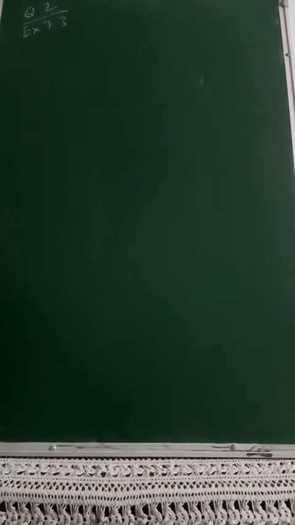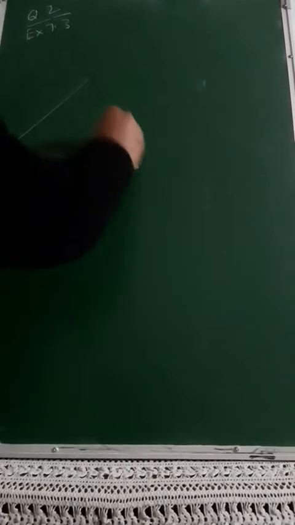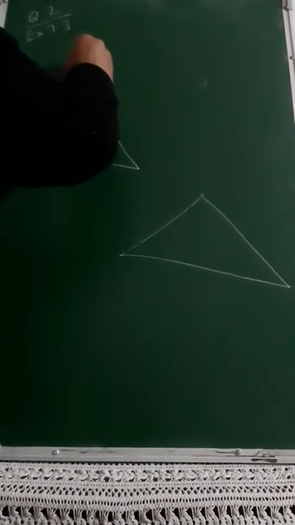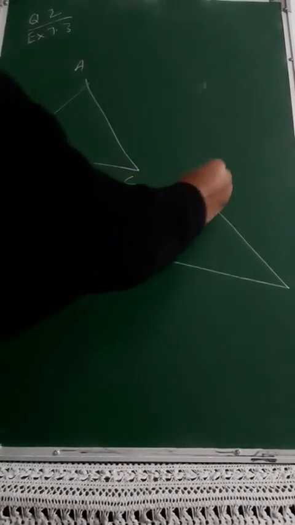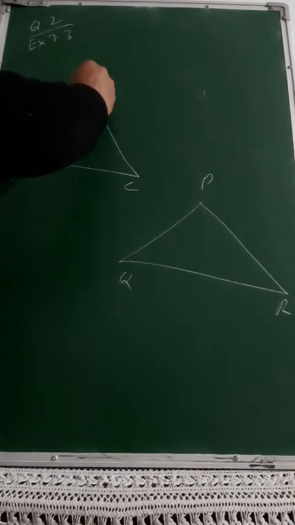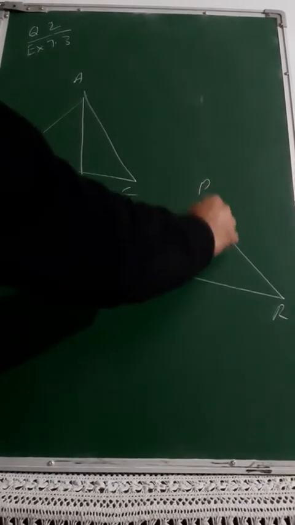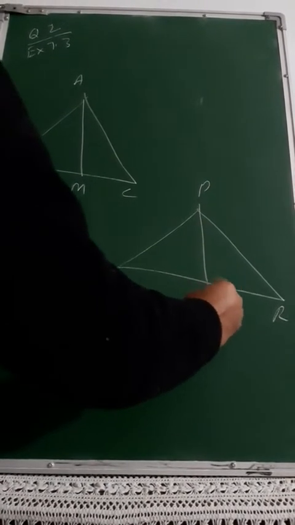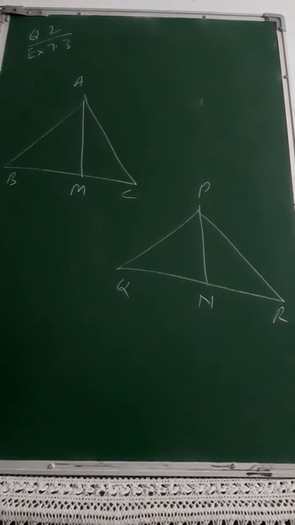there are two triangles given to you. One is your ABC and another is your PQR. This is your ABC and this is PQR. In ABC, AM is the median given, and in PQR, PN is the median given.